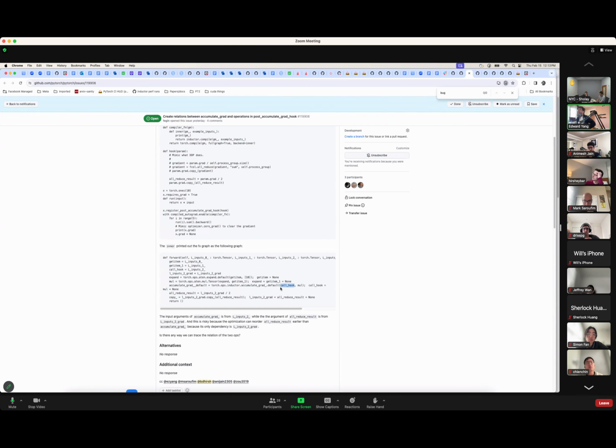I'm going to hijack your question, Alvin, and I want to talk about invariance. Historically, the general model we have is that when we call inductor, we're giving inductor a plain old graph of tensors, and then inductor produces some more tensors. And there's just plain tensor compute on these tensors. This is nice and simple, and AOT autograd was supposed to have gotten rid of anything complicated like autograd.